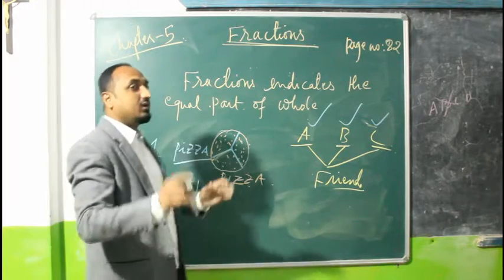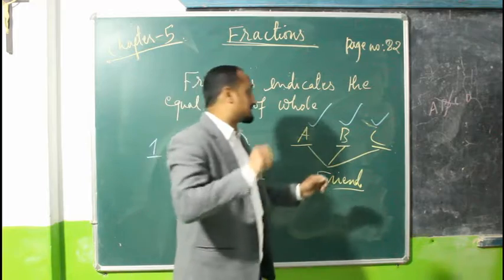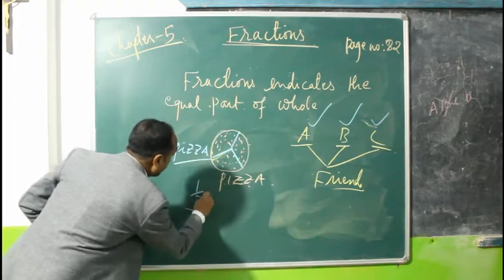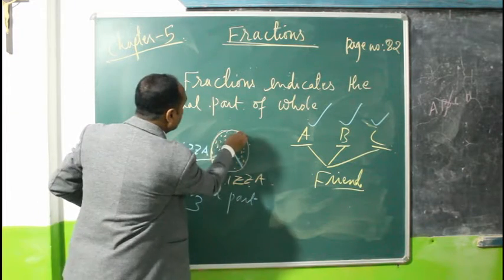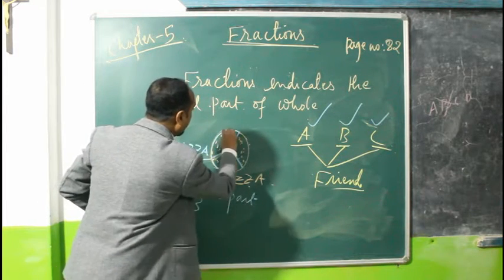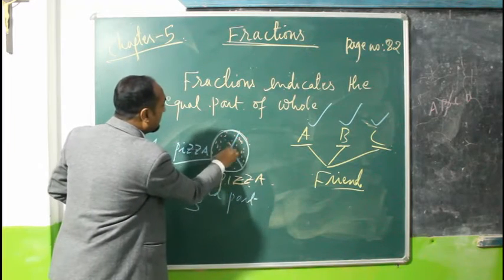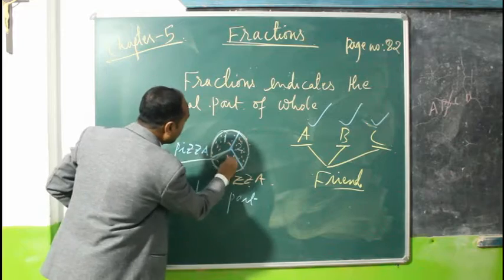1 by 3 means how much pizza will one friend get? 1/3 part. You can see we have 1 total pizza, and we have divided this pizza into 3 equal parts: 1, 2 and 3.